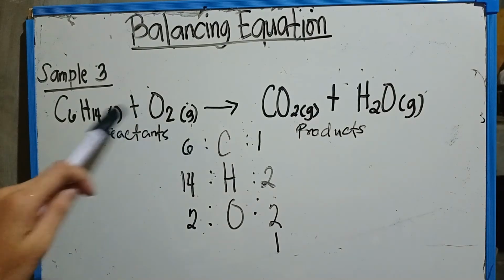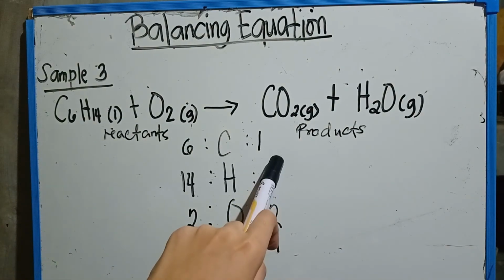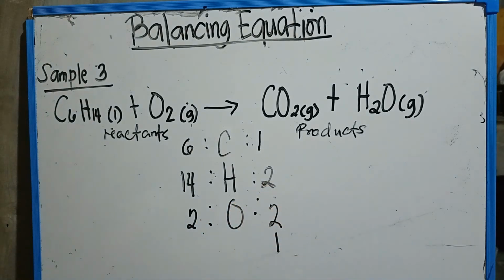This carbon in the reactants is 6, and this carbon in the products is only 1 during the reaction. While our hydrogen is 14, this product is 2. Then our oxygen, we have here 2. Then our product is 3.